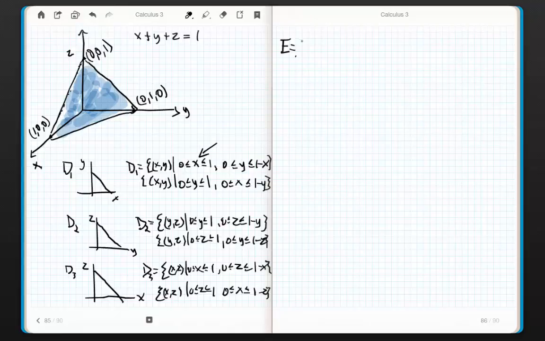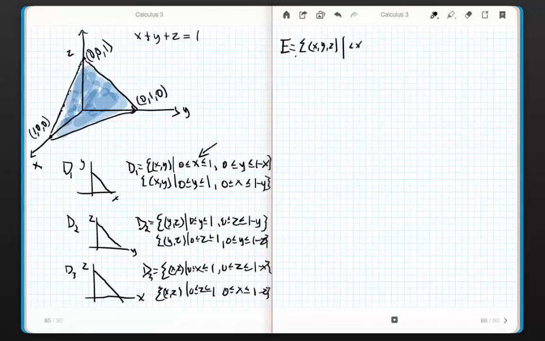It's going to be the set of x, y, and z such that we end up with x between 0 and 1, y between 0 and 1 minus x. Now, what does z live between?